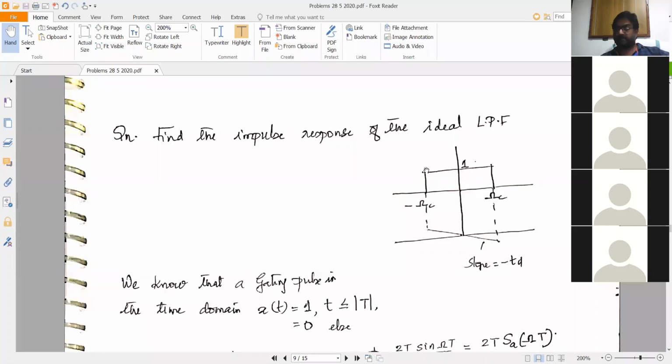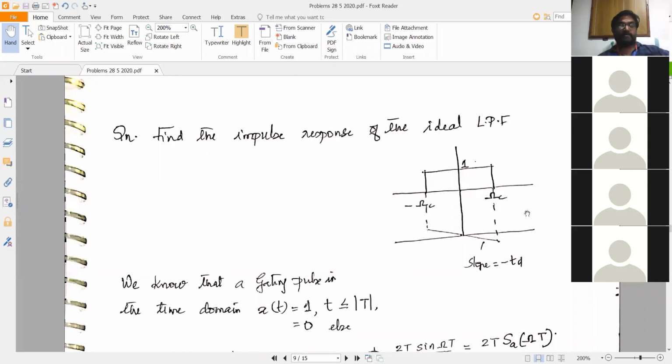So it's a brick wall response from minus omega c to plus omega c, and the phase response is linear and passing through the origin with a negative slope of Td. So Td is the time delay. Which means that if you have any signal with frequencies in the range minus omega c to plus omega c as the input, then you will get the same signal at the output, except that the signal will be delayed by Td.